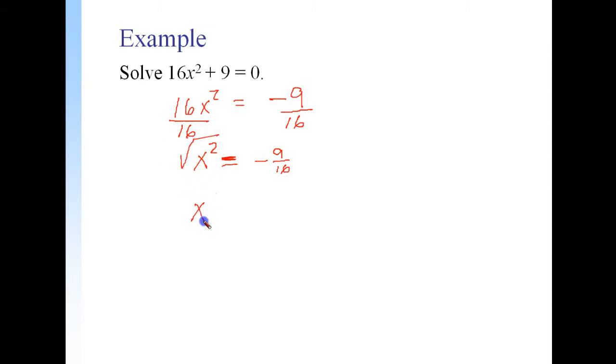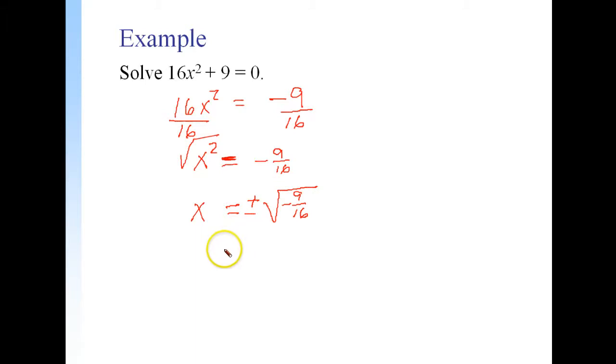That's going to give us an x. And then the way I do it is we get plus or minus the square root of a negative 9/16. And you might say, well, wait a minute, you can't have a negative under a radical sign where the index number is 2.